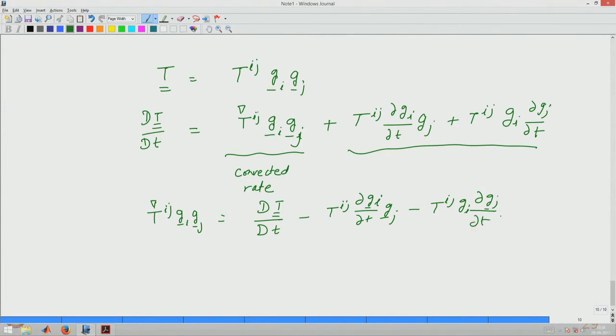So, we will therefore, when we look at convected rate, we will see these additional correction terms which are due to evaluation in convected frame.